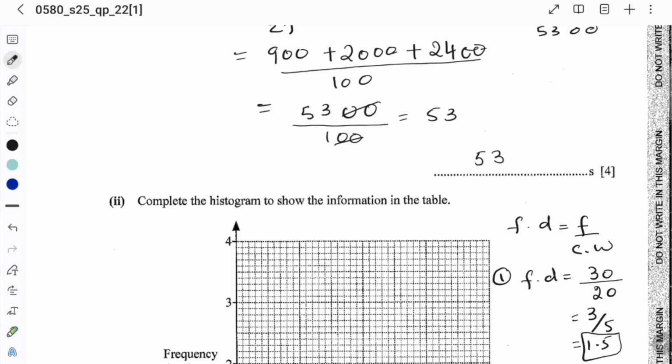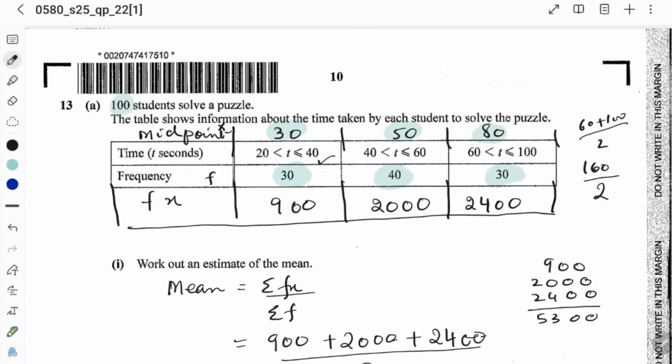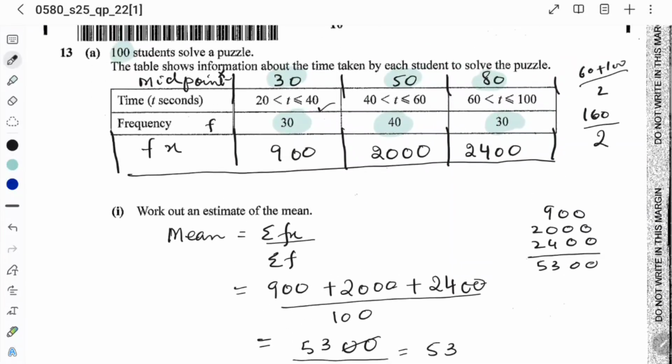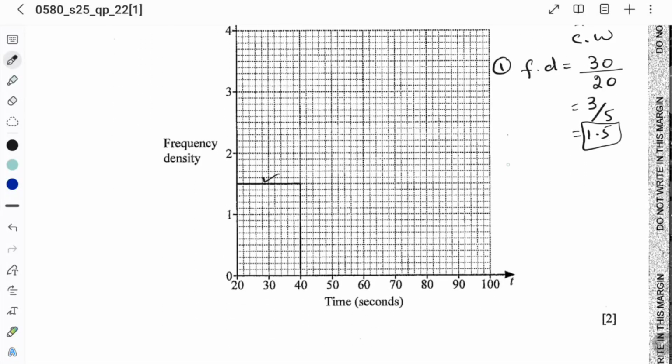All right, the next one is 40 to 60. The class width is obviously also 20 and the frequency here is 40. So the frequency density is frequency over class width, which is 40 over 20.